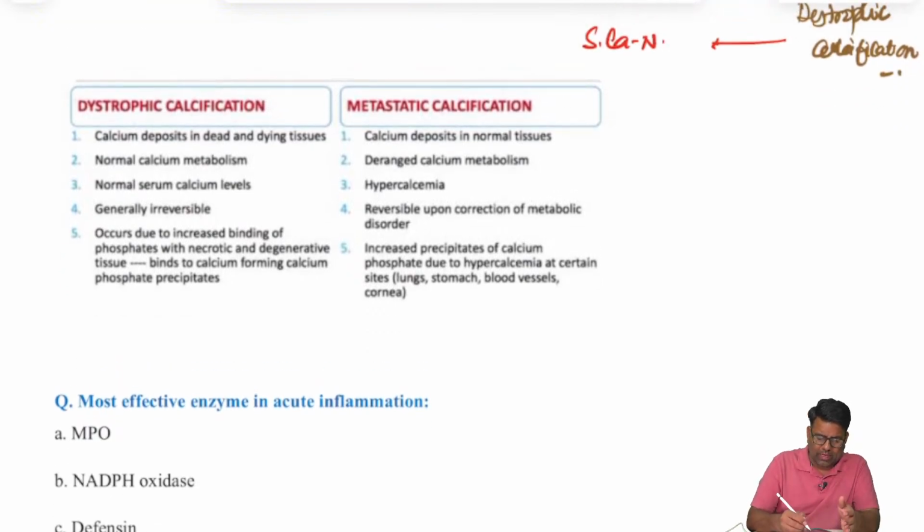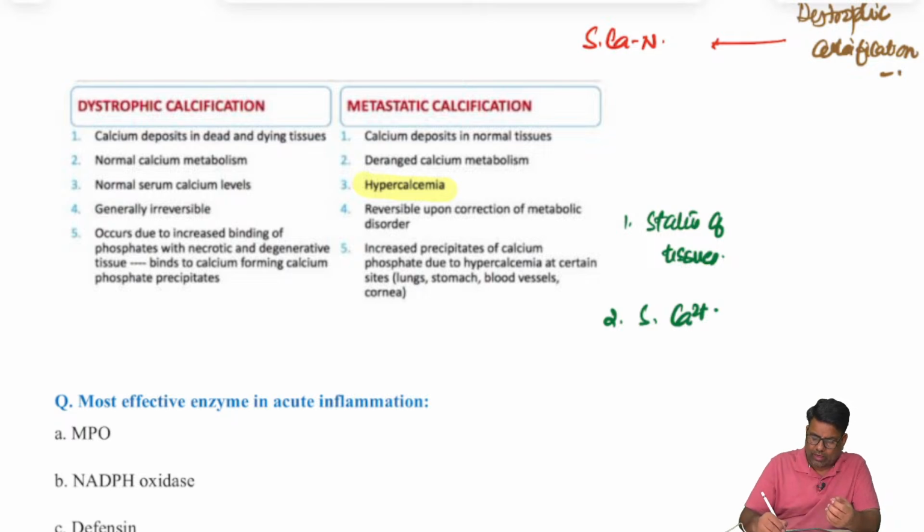As far as metastatic calcification is concerned, the term is metastatic, which means the calcium is going to different places for deposition, and this is especially seen when the serum calcium levels are elevated, hypercalcemia, and here the tissue is normal. So we can summarize the two conditions based on two points: status of tissue and serum calcium.